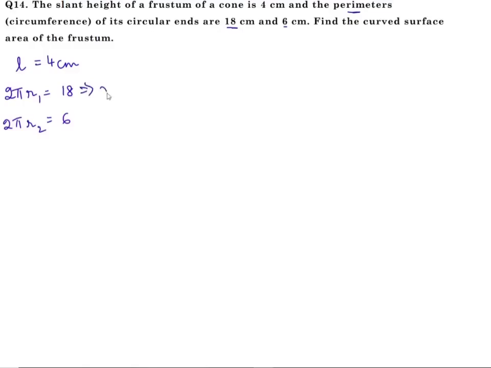What do I get? r1 equals 18 by 2 pi. 2 ones are 2, 2 nines are 18, so r1 equals 9 by pi. The same way r2 equals 6 by 2 pi. 2 ones are 2, 2 threes are 6, what you get is 3 by pi centimeter. That is r1 equals 9 by pi centimeter, r2 equals 3 by pi centimeter.